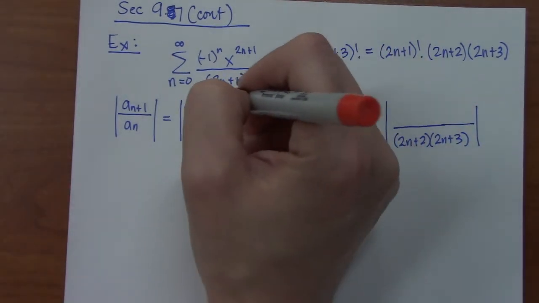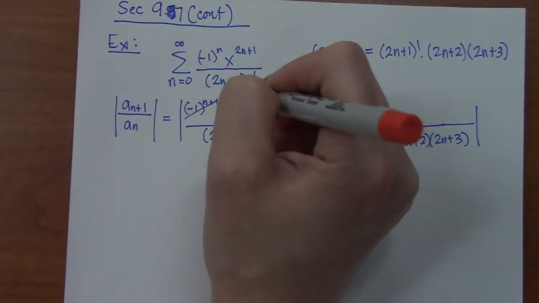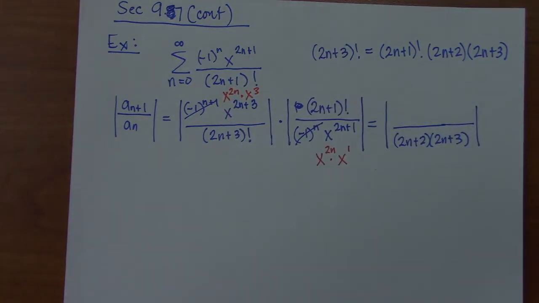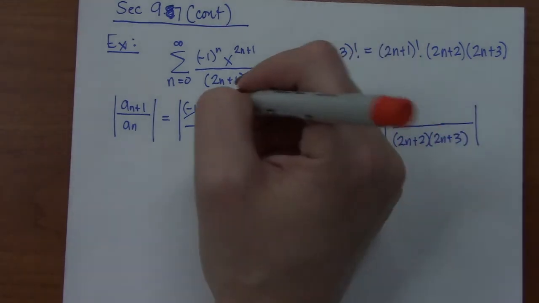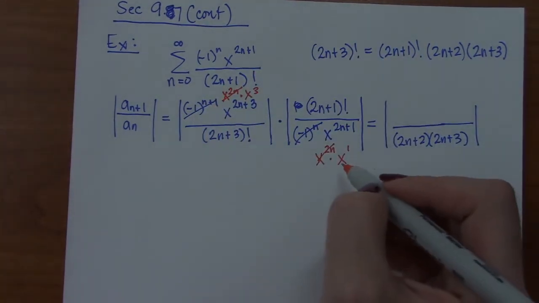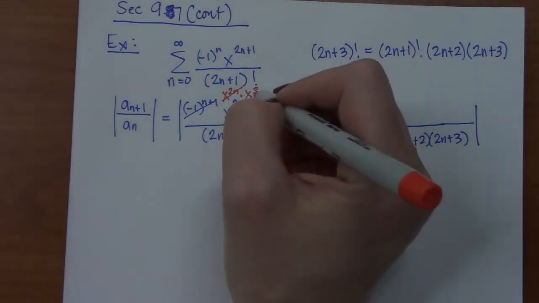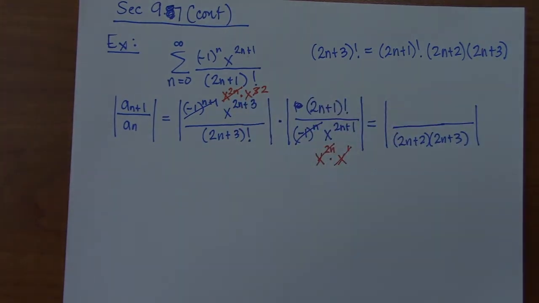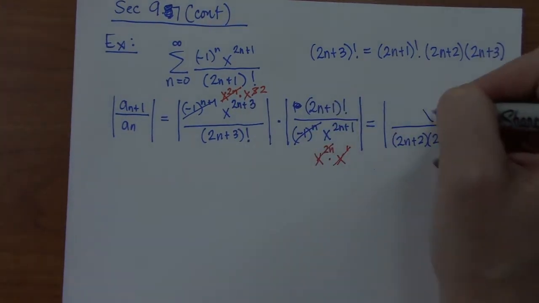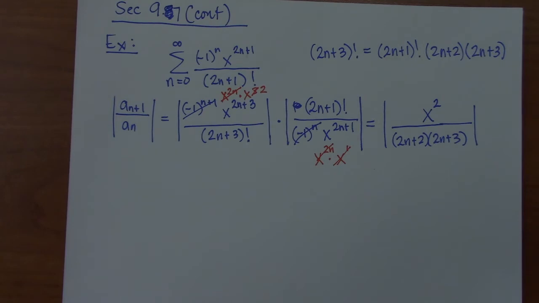So the x to the 2n is going to cancel, and this x in the denominator is going to cancel one of these in the numerator, so you're going to be left with x squared in the numerator, sorry.